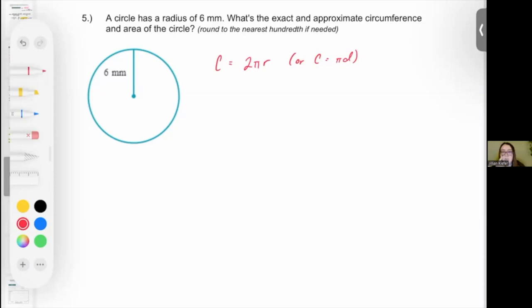One important thing that's always good to remember, though, is that 2 times the radius equals the diameter, which also means diameter over 2 equals the radius. Good things to remember. So we have our circumference of our circle should be 2 pi r, 2 pi times radius, and our area is equal to pi r squared.